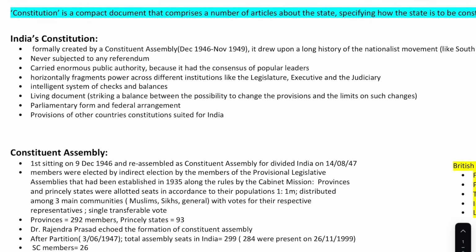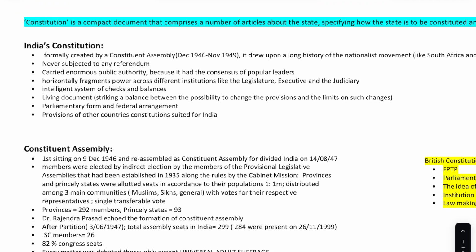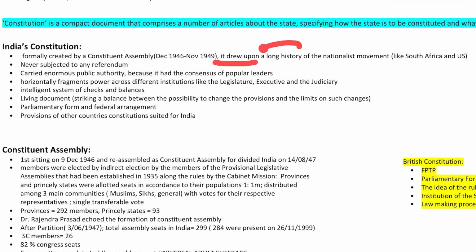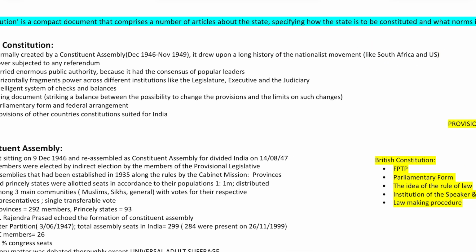Now, India's constitution. It was formally created by the Constituent Assembly, whose term was from December 1946 till November 1949, 26 November 1949 to be precise. It drew upon a long history of nationalist movements like South Africa, the US, and obviously the Indian freedom struggle.